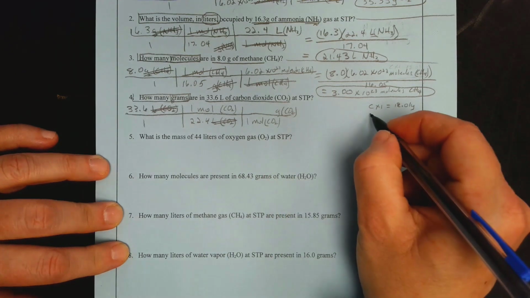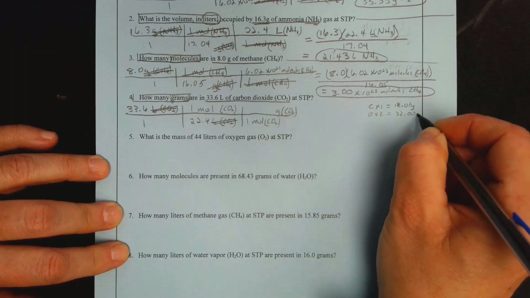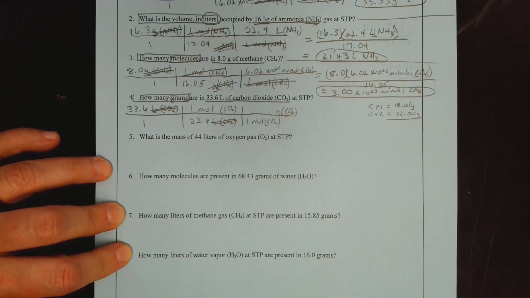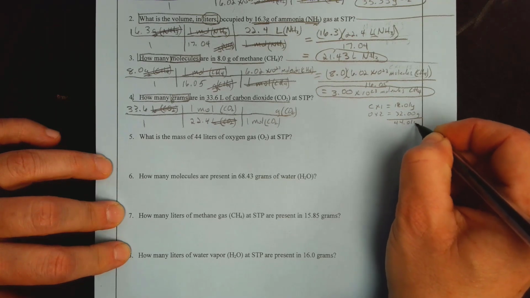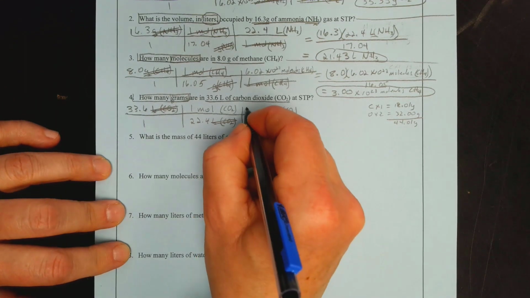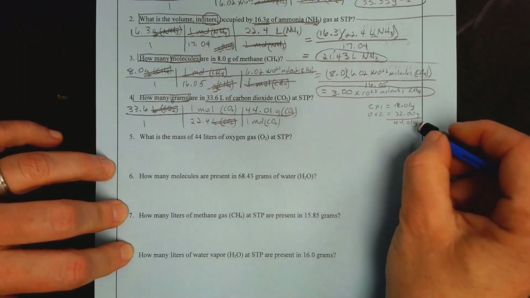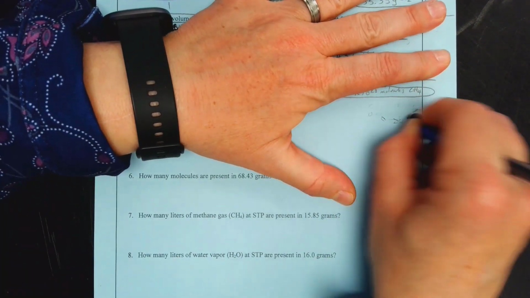I've got 2 oxygen, so oxygen times 2 equals 32.00 grams. And if I add that up, that's going to give me 44.01. And that's the quantity I'm going to fill in right here, 44.01 grams of CO2 in 1 mole of CO2. Let's erase.